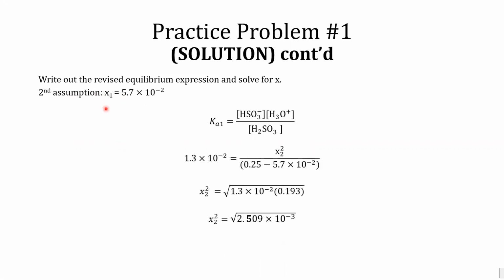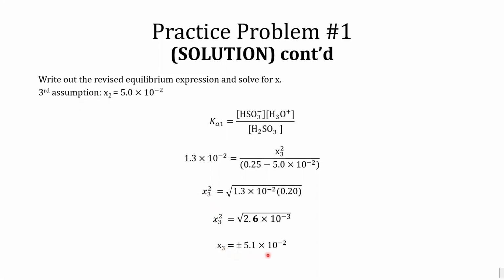In the second assumption, with x1 equaling 5.7 times 10 to the minus 2, after plugging in x1's value, x2 equals plus or minus 5.0 times 10 to the minus 2. In the third assumption, with x2 equaling 5.0 times 10 to the minus 2, after plugging in x2's value, x3 equals plus or minus 5.1 times 10 to the minus 2.